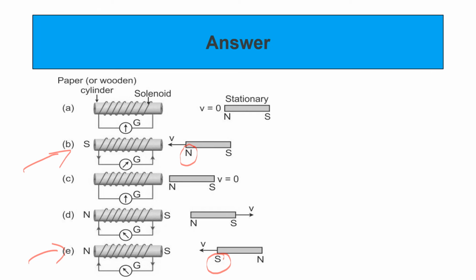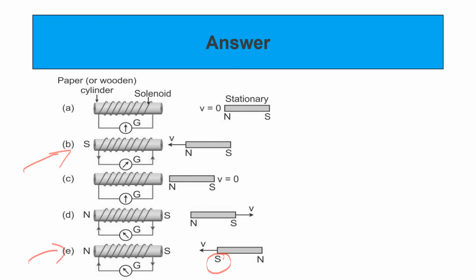When the south pole is towards the solenoid, you must understand the current is deflecting in the opposite direction. Here it was deflecting towards right, but here when it is the south pole facing the solenoid, the galvanometer is deflecting in the opposite direction.